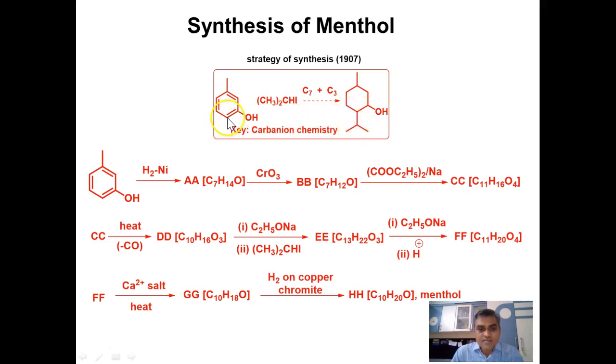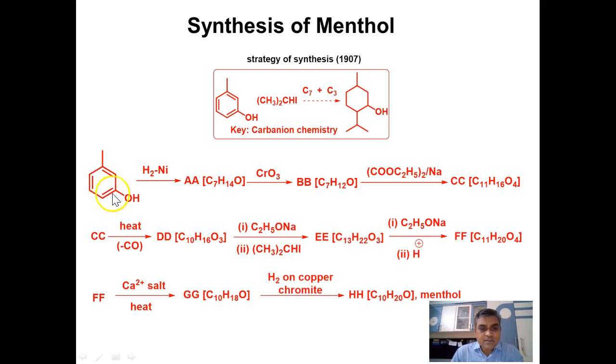And here the attachment of this isopropyl group is not straightforward in those days, because there was no development of the Friedel-Crafts reaction, and therefore chemists relied again on carbanion chemistry.